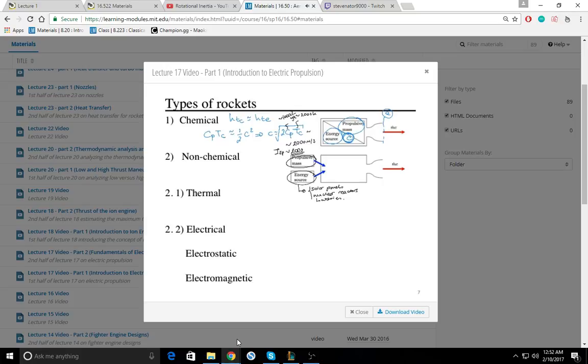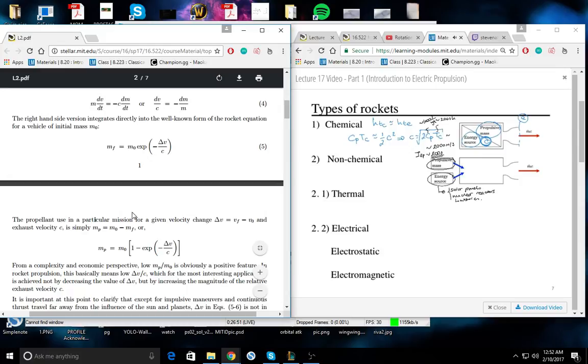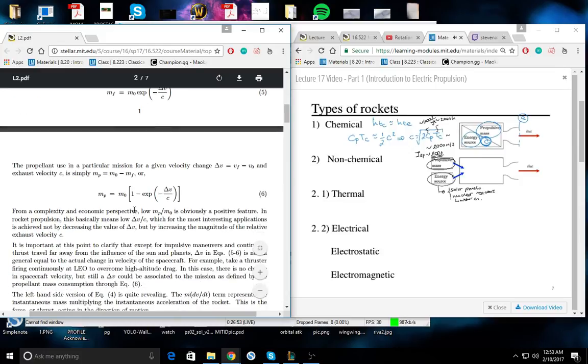And there's 2 subtypes of non-chemical rockets. The first one would be thermal, and the second one would be electrical. In non-chemical thermal, what we do is we heat up the gas electrically and then expand using a nozzle.